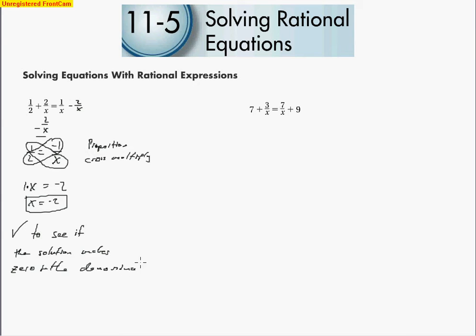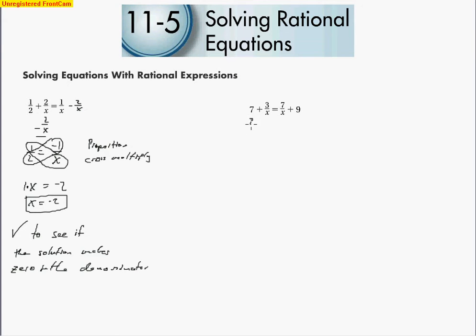Now in this problem, it doesn't do it. We just see that x is the denominator. But if it was something like x plus 2, then it would make 0 in the denominator, and that would not be a possible solution. So we'll watch for that. It's not going to happen on these problems here.